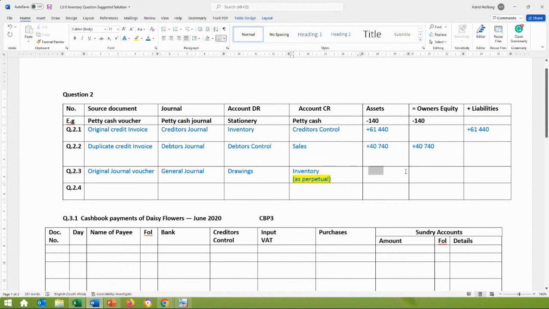Now, inventory is an asset account, so because inventory is credited, we will reduce inventory. So it's a negative 2,250, so the cost price. And drawings will then also be negative because it negatively impacts our owner's equity.